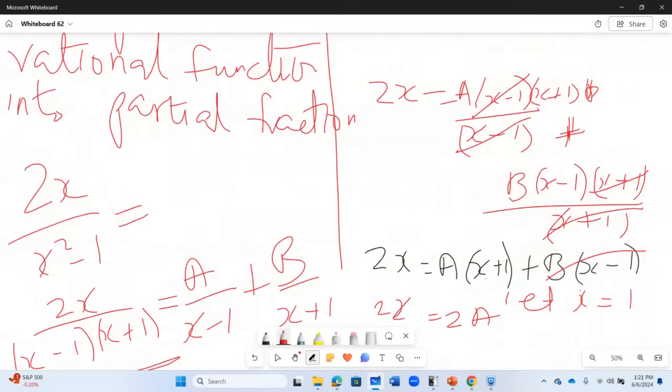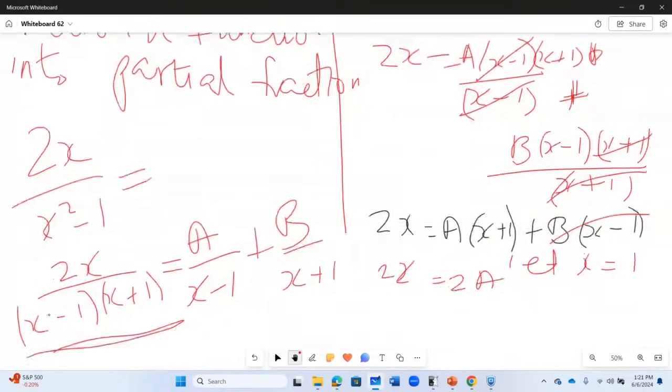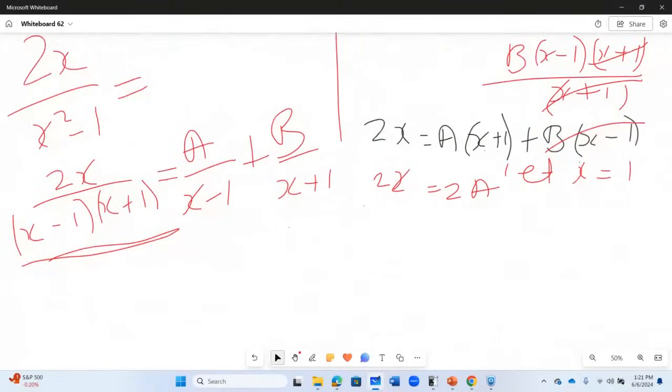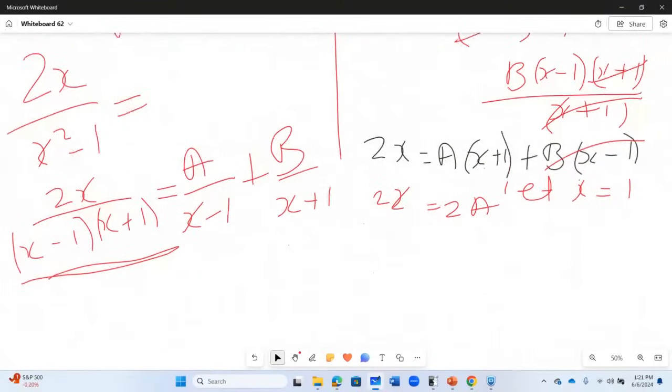Therefore, if I divide both sides by 2, x is equal to 1. So A is equal to 1.